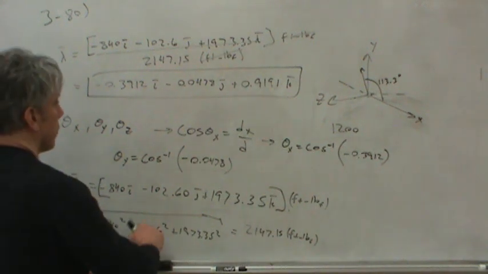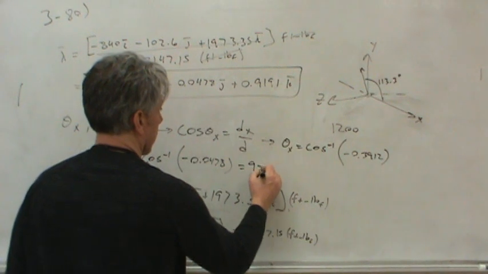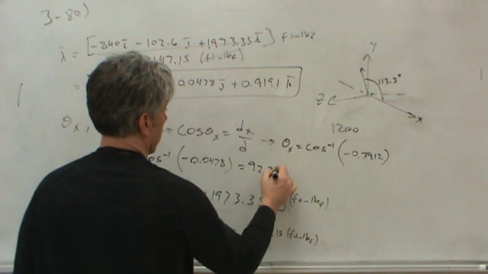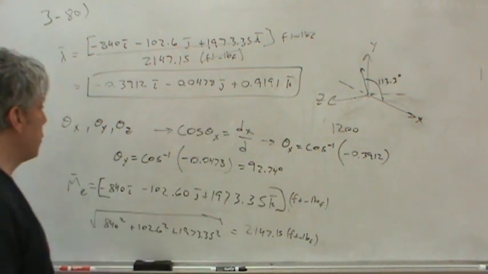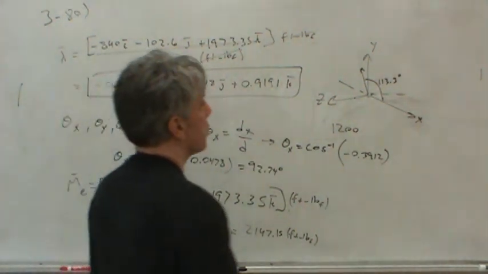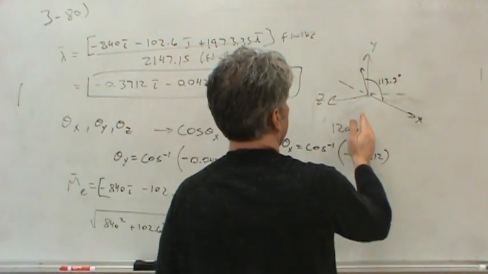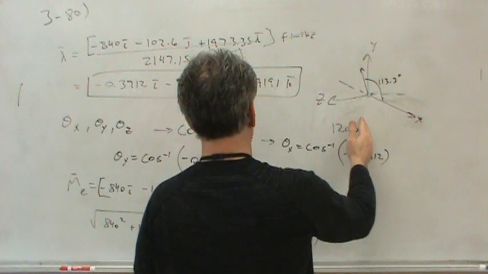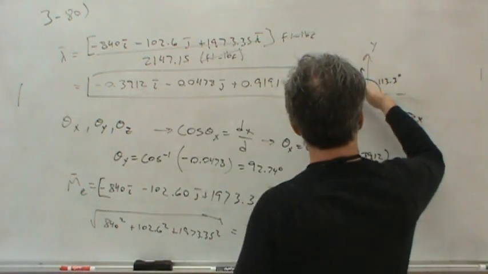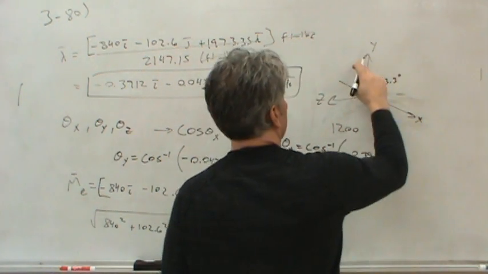You get 92.74. So 92.74 is the angle measured off of the y-axis. That means this vector is going to have to go down that way quite a bit.